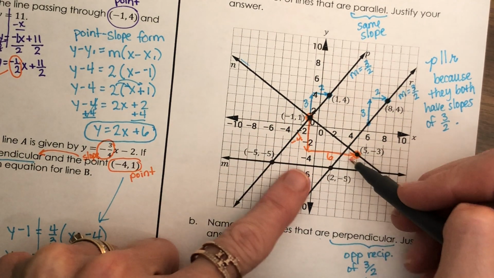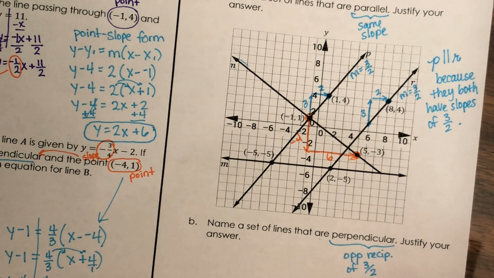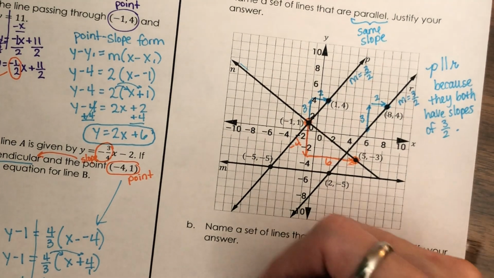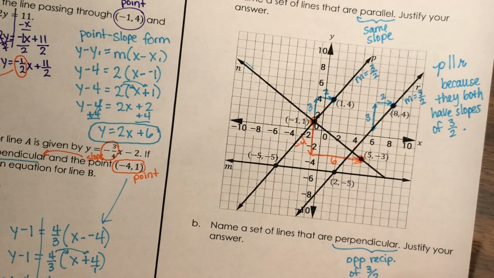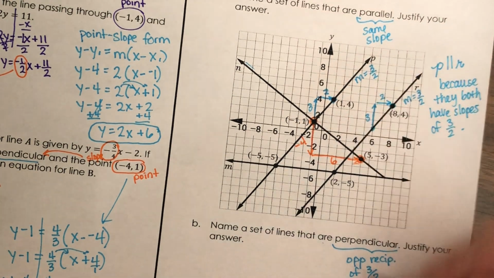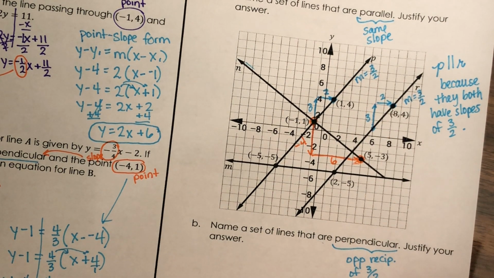All right, so our slope here is -4/6. So the slope of line N is -4/6, which simplified is negative 2/3.